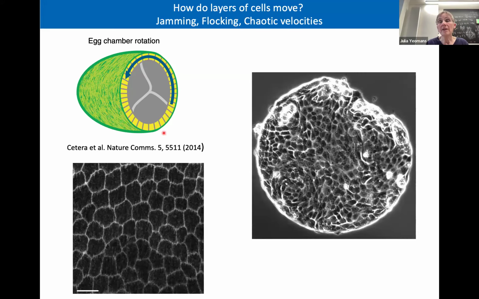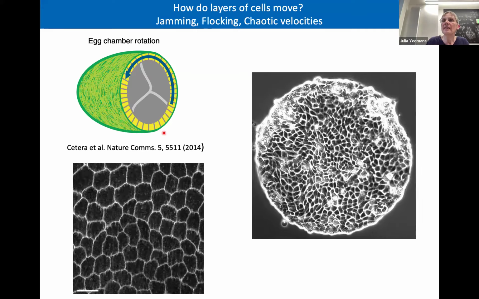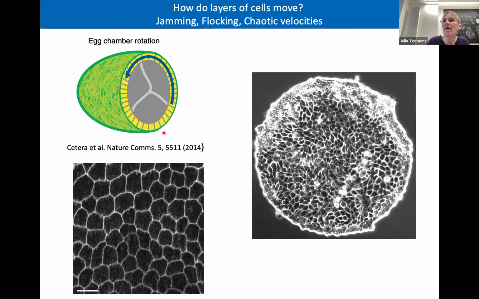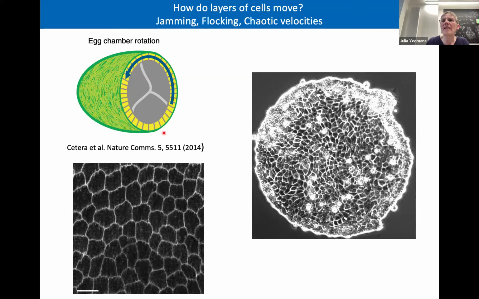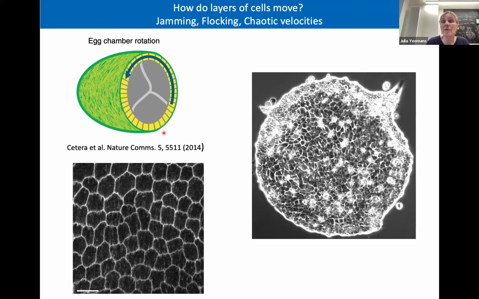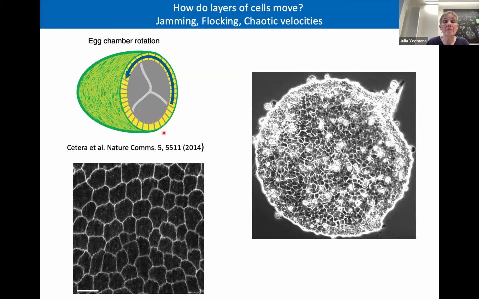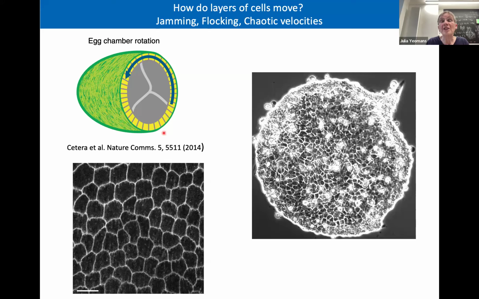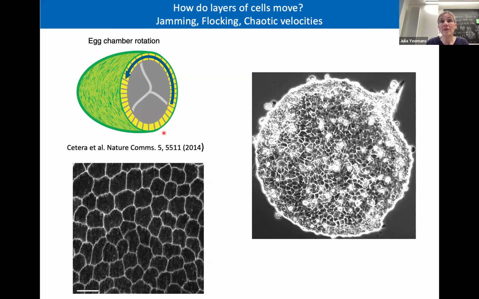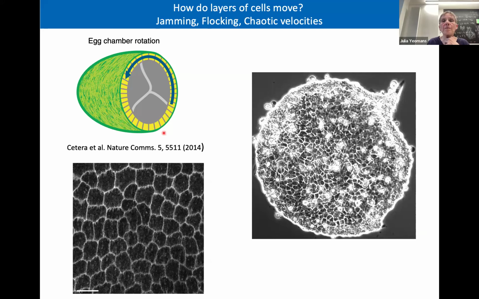Or they can jam because they're stuck together, or if they're less dense, they do what these cells do here, which is move in a way which sort of resembles this active turbulence. I mean, now they're jamming, but when they started, they were moving around at random and doing active turbulence. I don't think anyone really knows which and why the cells choose one or the other mode of motion.